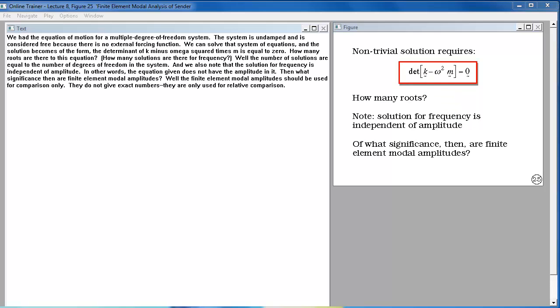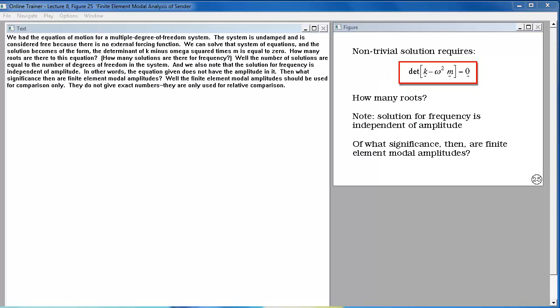How many roots are there to this equation? How many solutions are there for frequency? Well, the number of solutions is equal to the number of degrees of freedom in the system. And we also note that the solution for frequency is independent of amplitude. In other words, the equation given does not have the amplitude term in it.